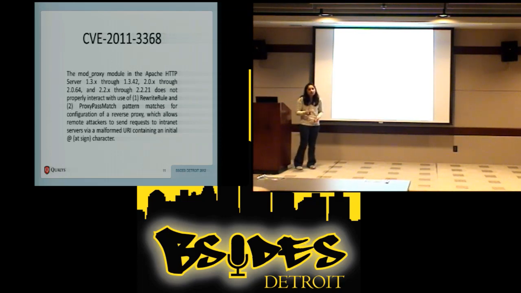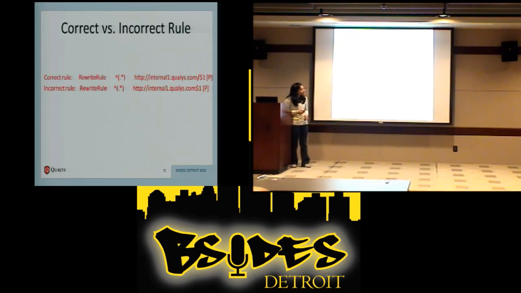It says, and then it lists the versions of Apache that are affected, and it mentions that if it does not properly interact with the use of RewriteRule and the ProxyPassMatch pattern, then there is a possibility to allow remote attackers to send requests to the intranet servers via a malformed URI.